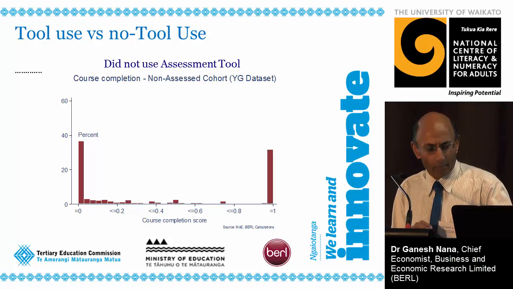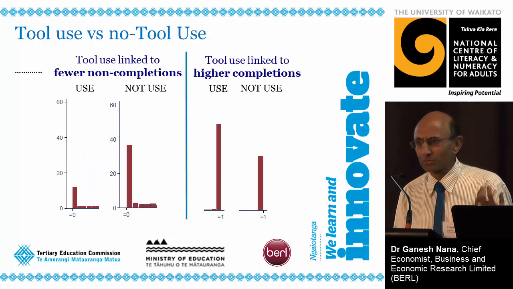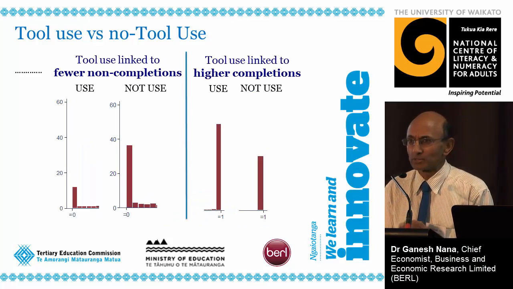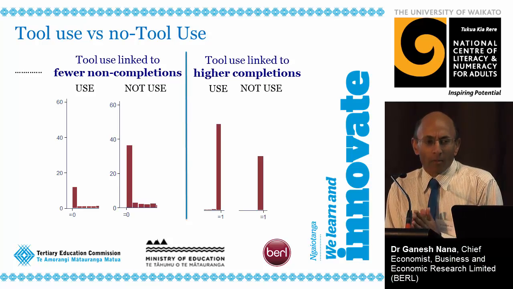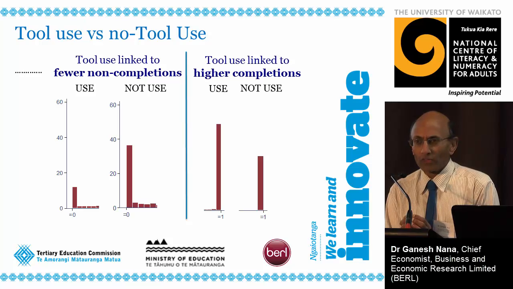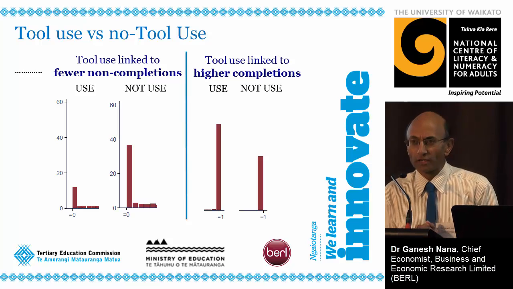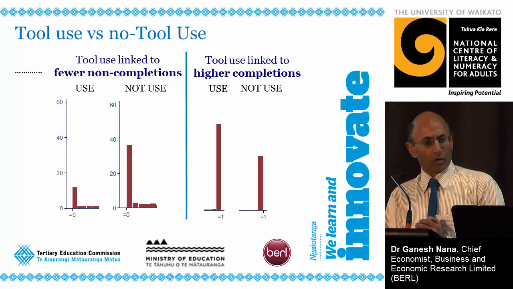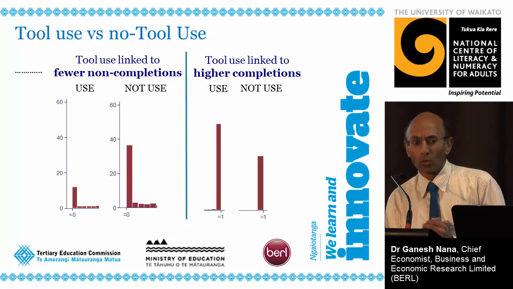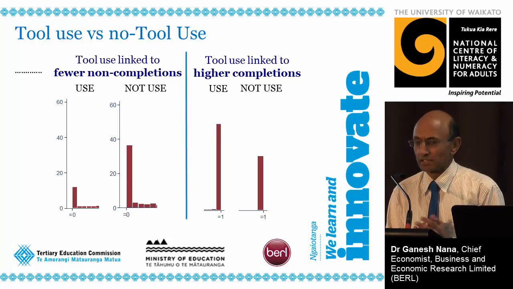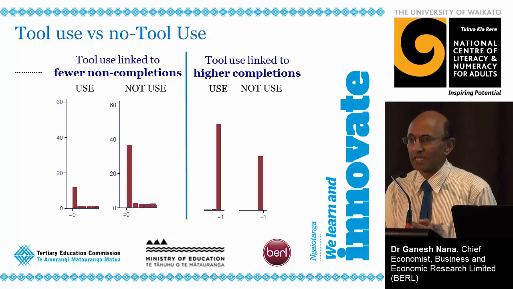I've put those pictures on the same slide, slicing out some of the intermediate ones that were a little bit difficult, but what you've got on the left-hand side of that picture is the comparison of the people who scored low in terms of course completion, towards the zero end of that spectrum.